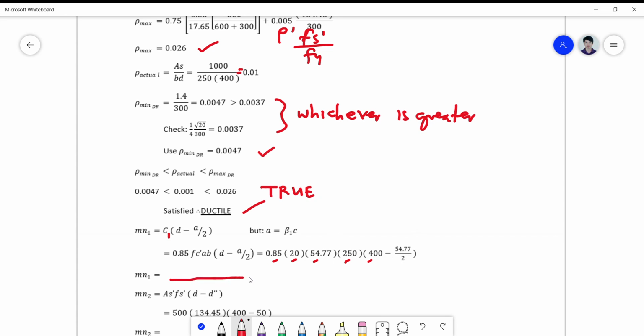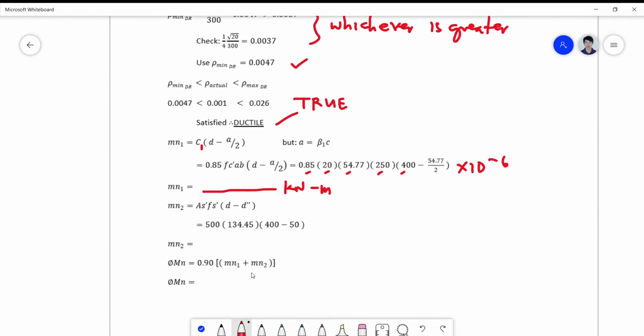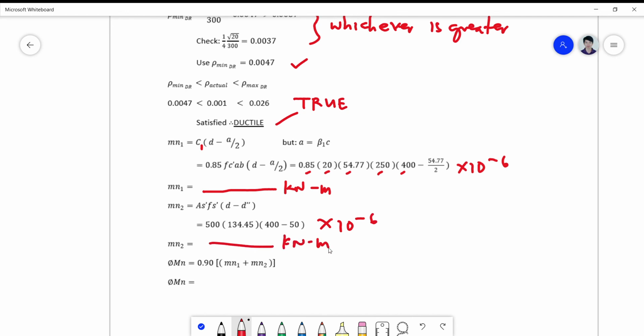Then you simply multiply this by 10 to the negative 6 to get kilonewton meter. And then for your Mn2, you substitute As prime, fs prime, and d minus d prime, or double prime, I mean, it's 50. Again, you multiply this by 10 to the negative 6 to obtain kilonewton meter, and then add the two, multiplied by 0.90.